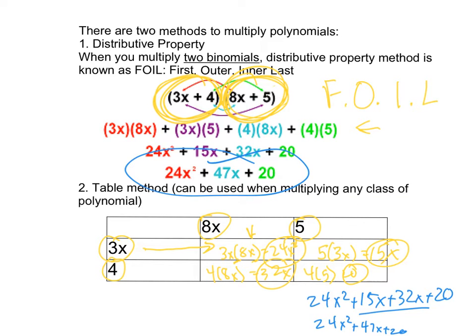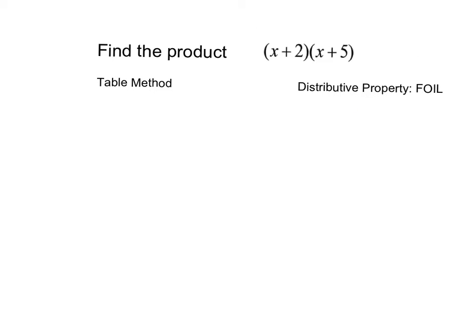So it doesn't matter how you do it as long as you get the right answer. When you get the wrong answer, then I get mad. All right, you had so much paper for these problems in your math notebook so that you can do both the table method and the FOIL method. Do them both for your notes until you find the one you feel more comfortable with.